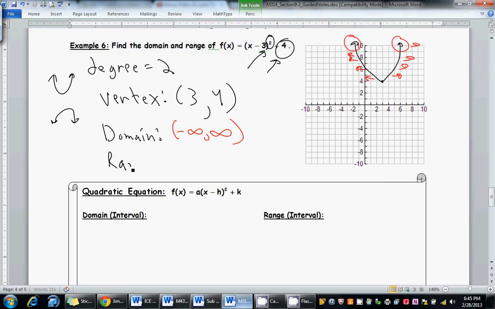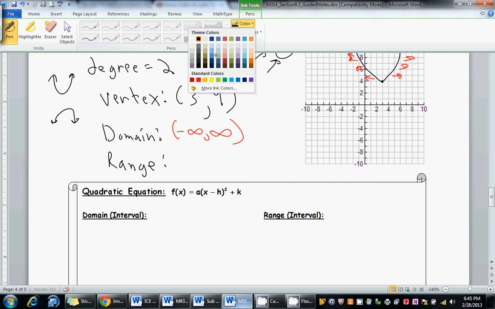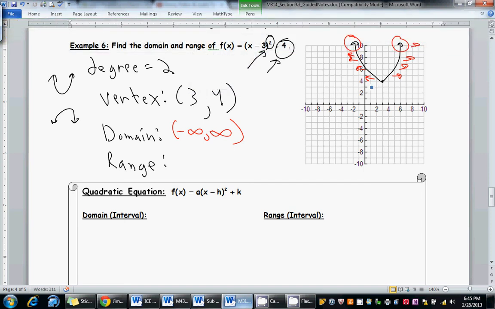Let's talk range for this graph. What's the smallest y value I have here? Again, here's my y-axis going up and down. The smallest y value I have on this graph is from my vertex right there. It's y equals 4. There's no part of this graph that hits any y value less than 4.